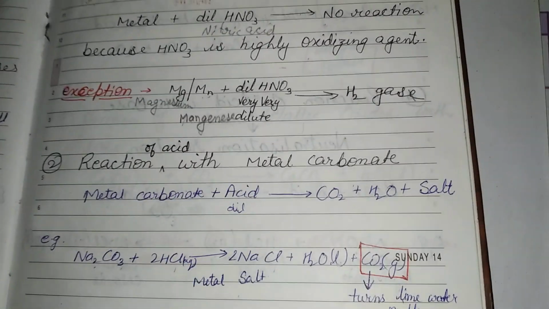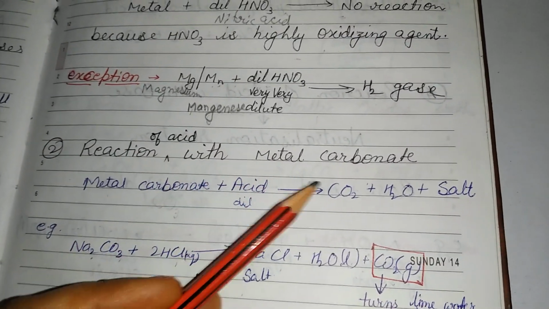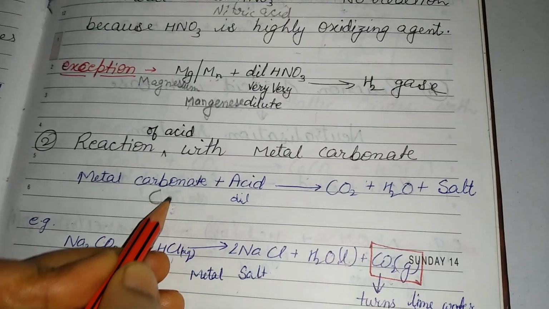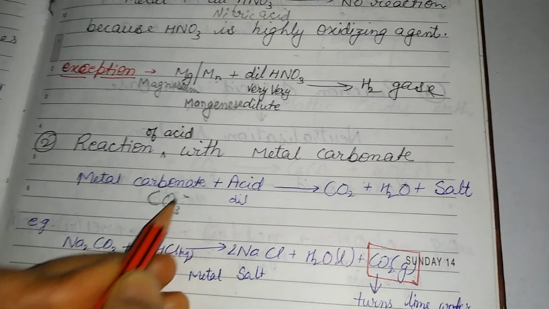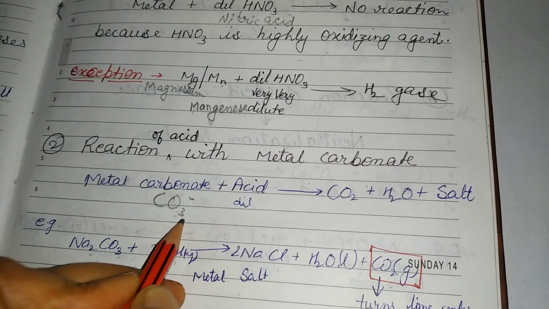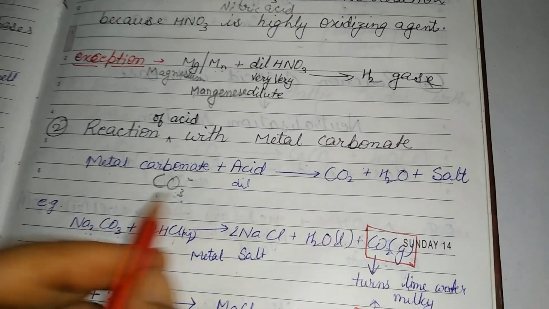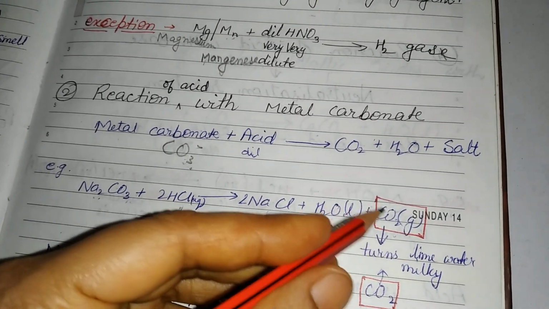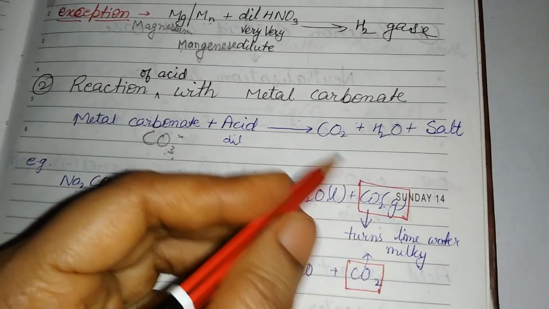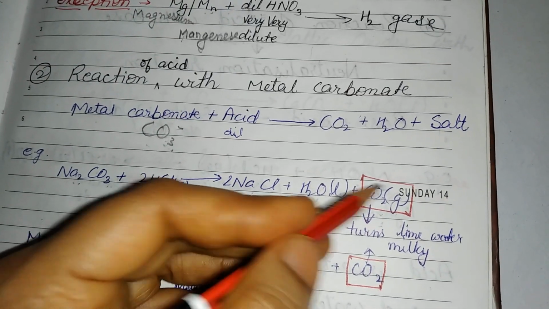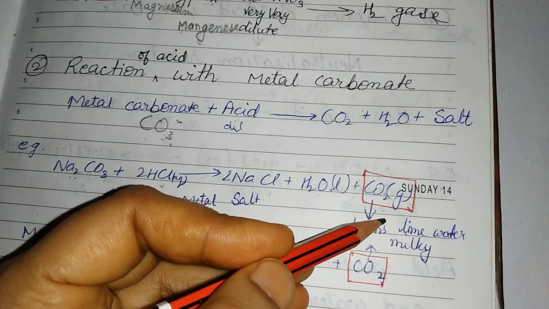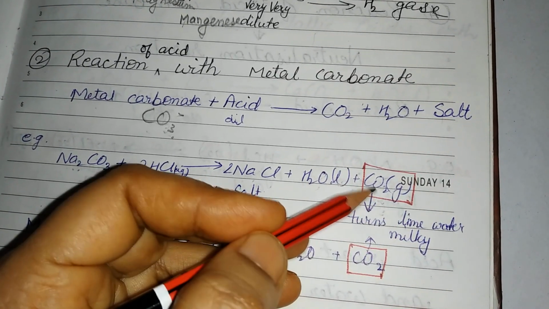Now the next property is reaction of acid with metal carbonate. So when a metal carbonate, such as sodium carbonate, is added to acid, it forms salt, water and carbon dioxide comes out. Okay, carbon dioxide. When carbon dioxide is passed through calcium hydroxide, it turns milky.